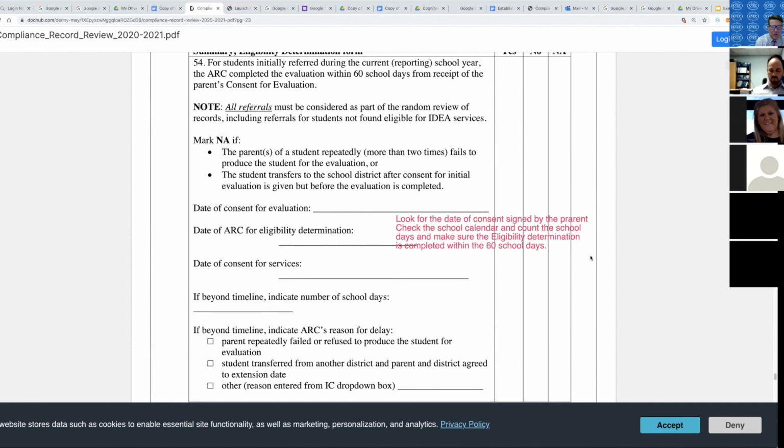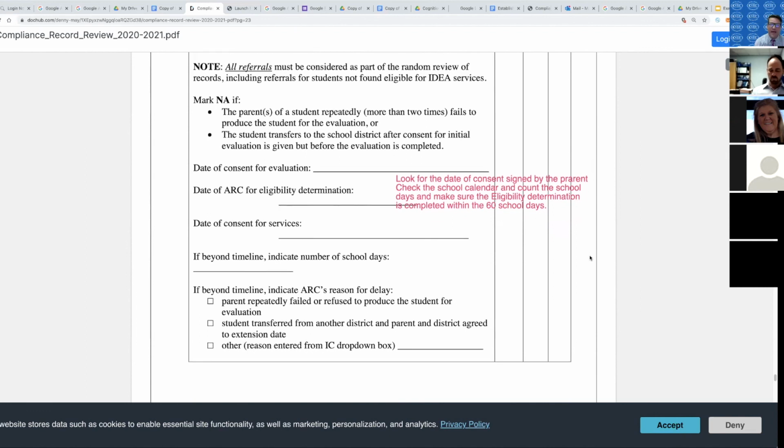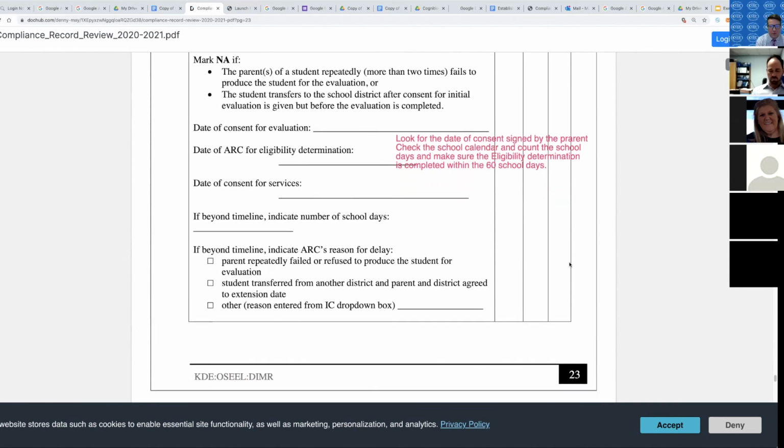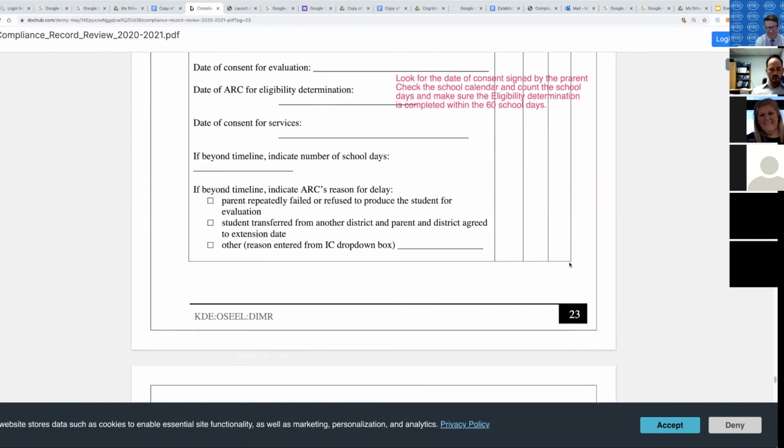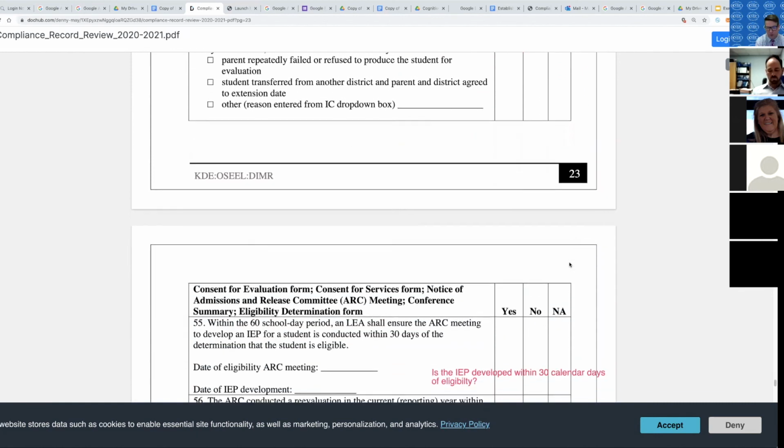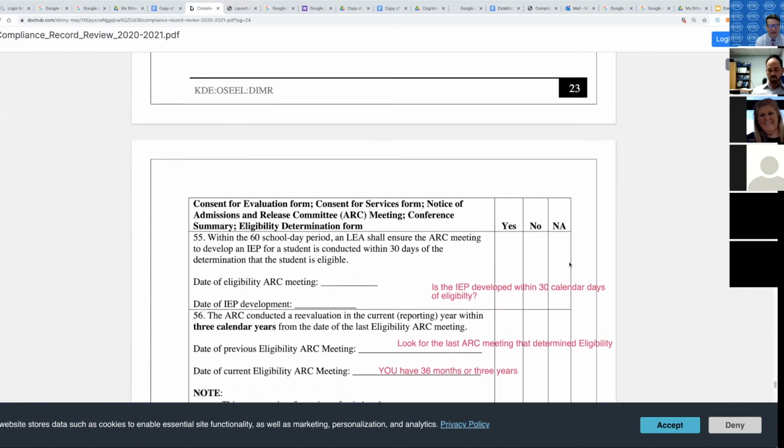And then they'll allow you, if beyond timeline, to indicate the number of school days. So if you were 62 days, we'd put 62 days, and then we would say why. There's a drop-down box, and you can enter those reasons. Parent didn't produce the child for evaluation, that kind of thing.